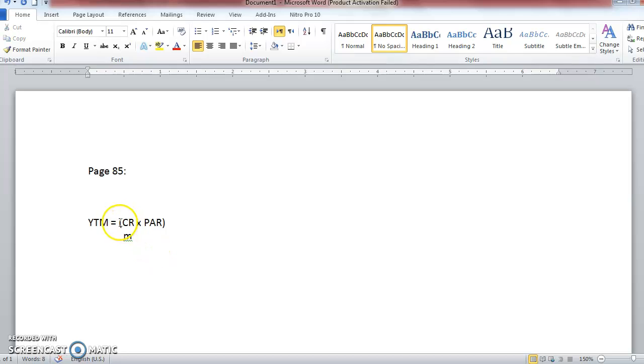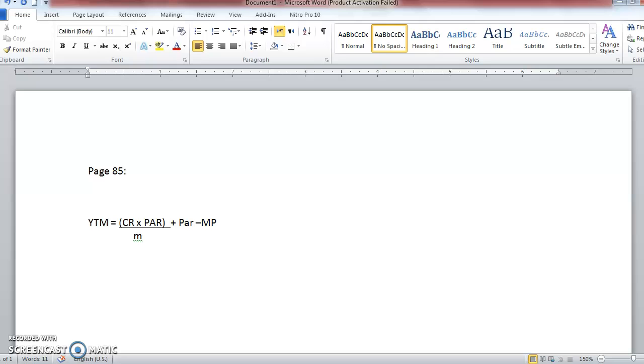Small capital letters, divide by M. This is the formula that's stated in your textbook, right? And this one you have to plus with par minus the MP. MP is the market price.